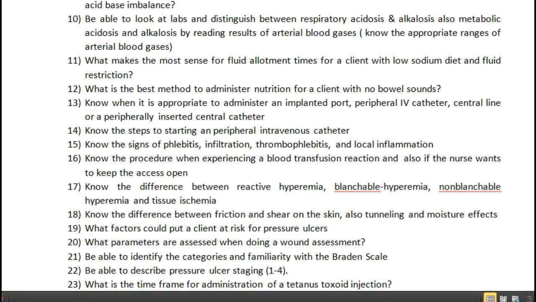When a person vomits, they're losing acid out of their body, right? So you should be able to know that as a result of them losing acid out of their body, they're in a metabolic alkalotic state. So that's the type of thing we would look at.